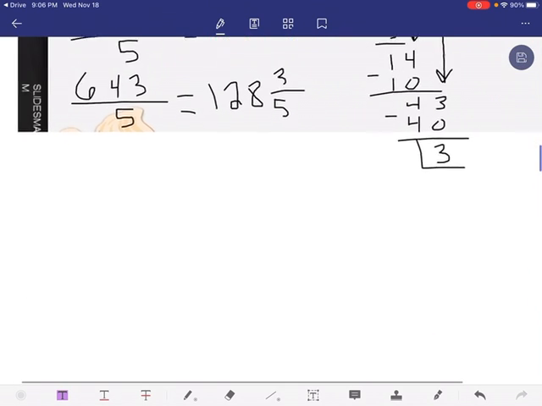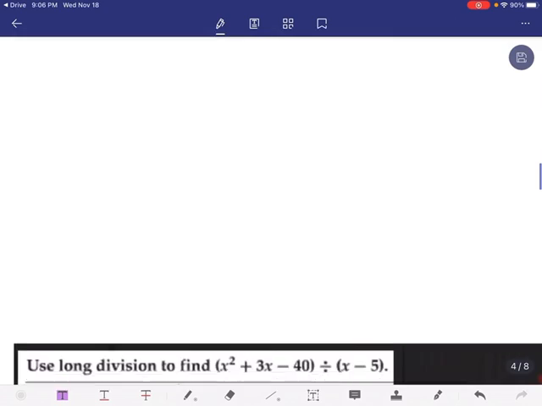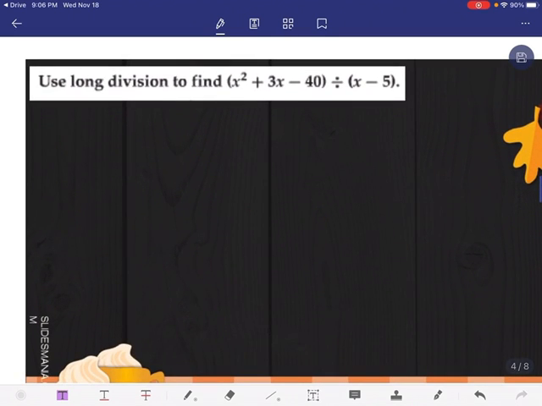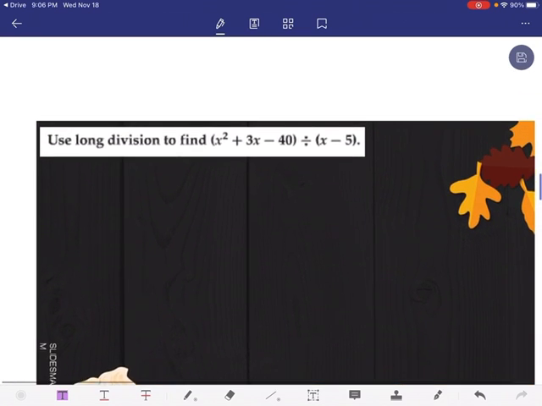Now, the reason that we review this is because when we start our division for polynomials, the process is going to be very similar. We do have to make sure of a couple of things first.